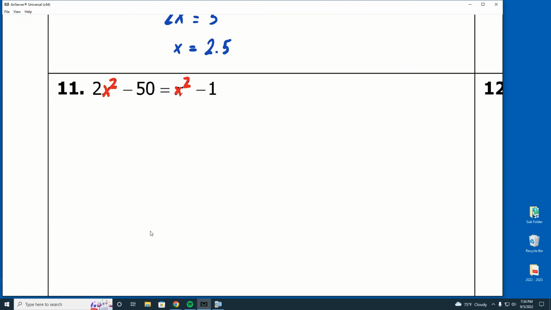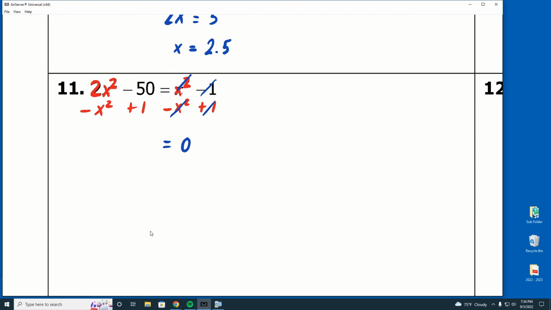And the biggest of those two is the 2x squared. So I'm going to move everything on the right side to the left. So I'm going to subtract x squared from 2x squared. And I'm going to add 1 to negative 50. When I do that, that will allow everything over here on the right side to cancel. So it'll be set equal to 0, which is exactly what we want to accomplish.